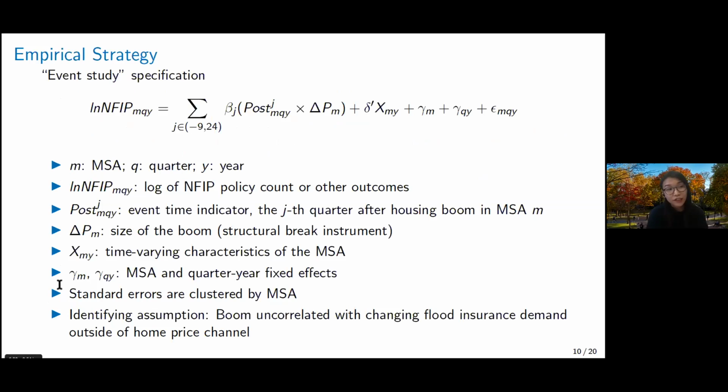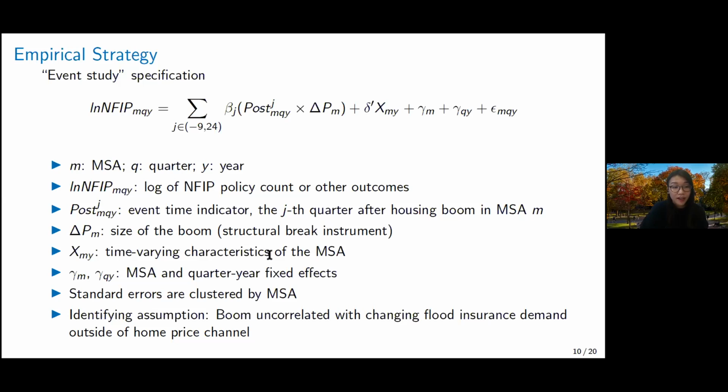Our empirical strategy is an expanded version of the difference in differences, or it looks like an event study. We regress the outcome variable on a set of interaction terms. So these are the interaction of event time indicators, which indicate the jth quarter relative to the start of the housing boom, with the size of the boom.